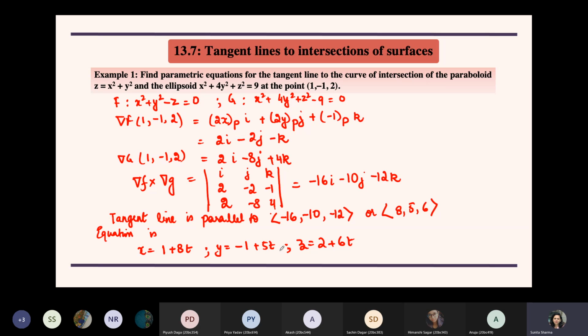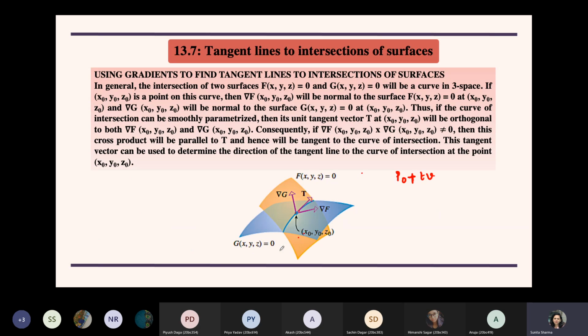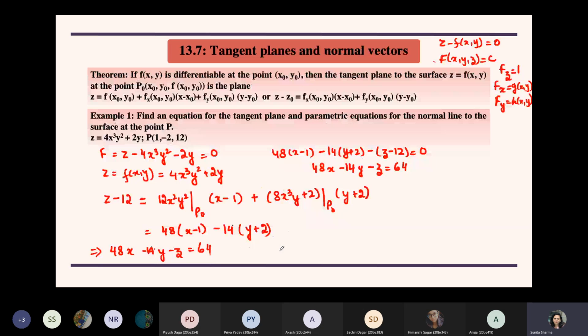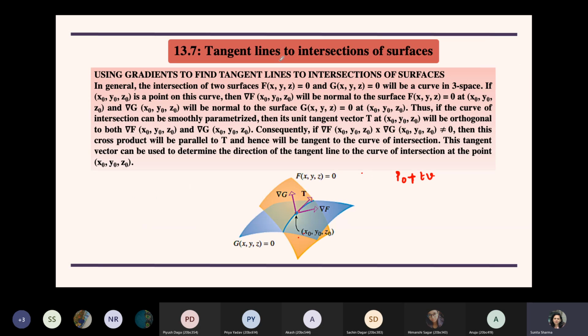That is all in this section, 13.7. We had equations of tangent planes, normal vectors, and you will have questions based on finding tangent lines to a particular curve which is the intersection of two surfaces which are given to us.